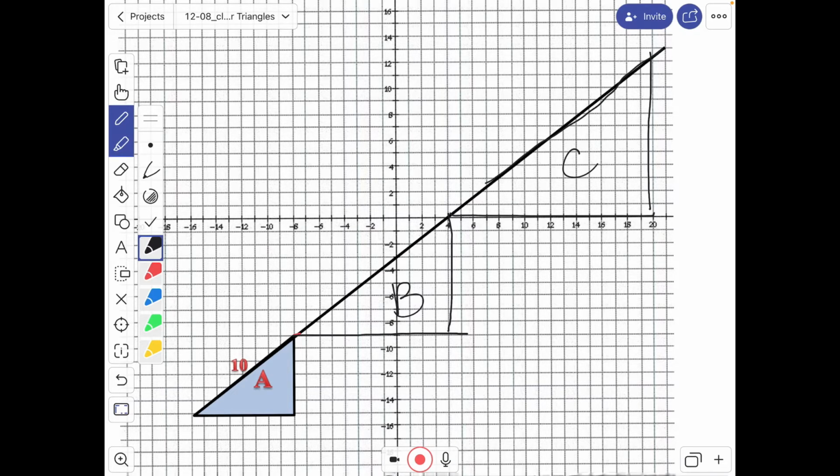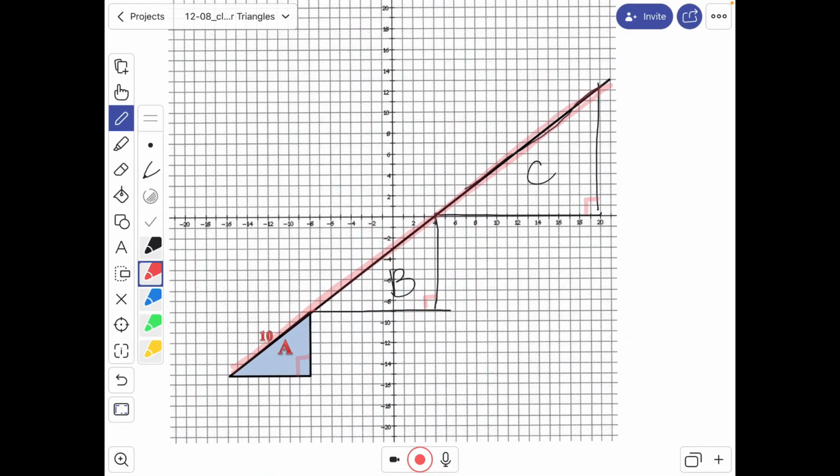This line right here is the slope. It's across from where the right angle is. So we want to prove that they are all on the same slope.